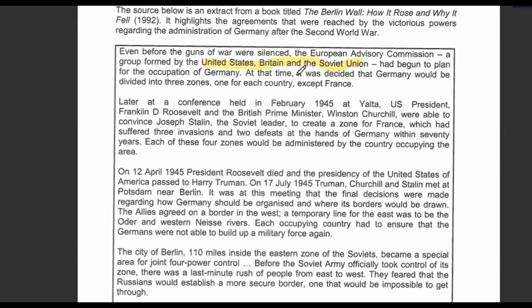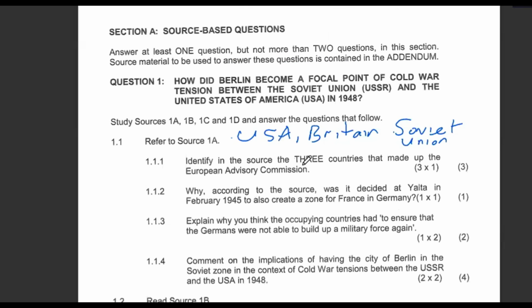So if you look at the source, at the time it was decided that Germany would be divided into 3 zones for each country except for France. So the reason why France was left out is simply because France was a victim of the German invasion. It was actually a victim of the German invasion.